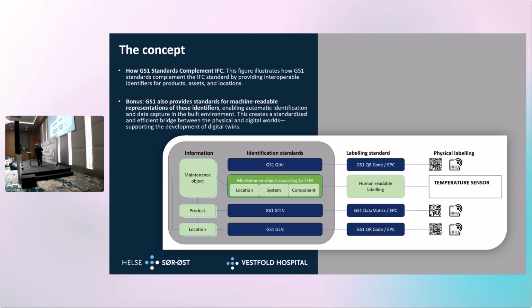So we have the possibility to have both the physical labeling and RFID readable with all the different components here. So we have written that as a bonus, GS1 provides standards for machine-readable representation of these identifiers.